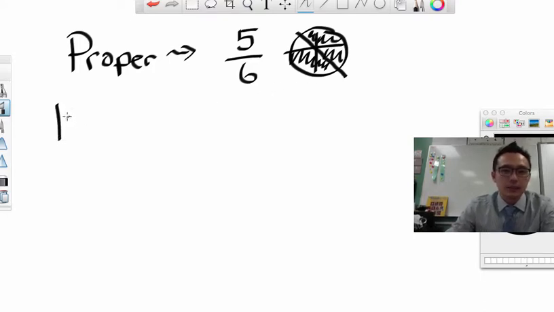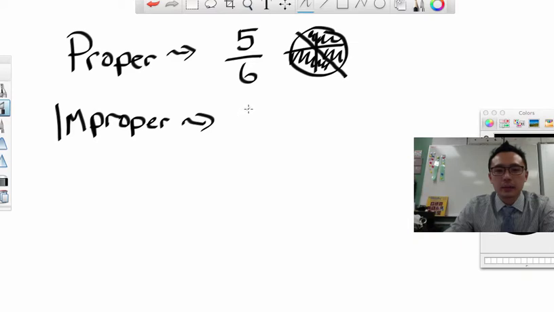But there's also something called an improper fraction. This is when the top number is bigger than the bottom number. Remember, this is your numerator, this is your denominator. An improper fraction is when you have a bigger numerator than your denominator.